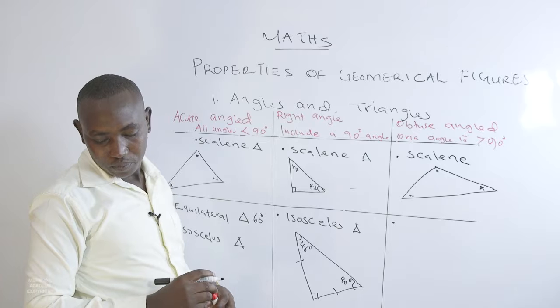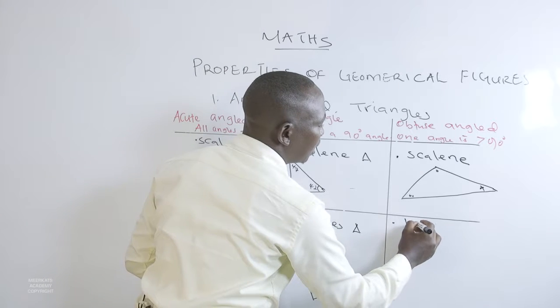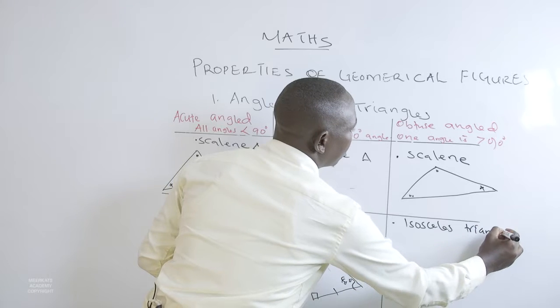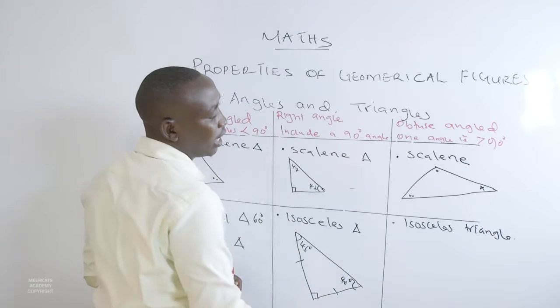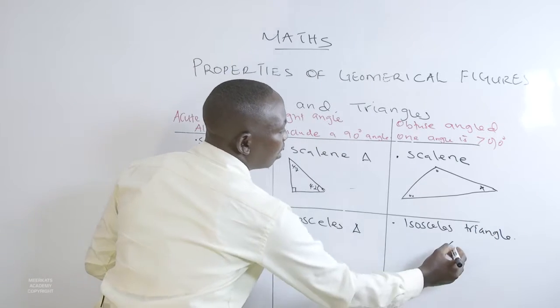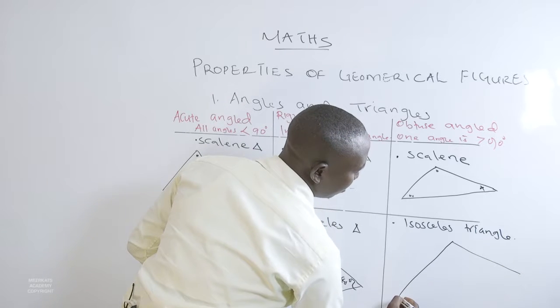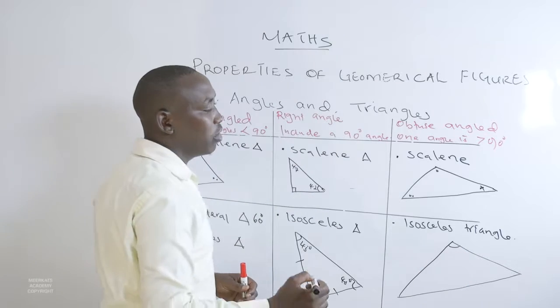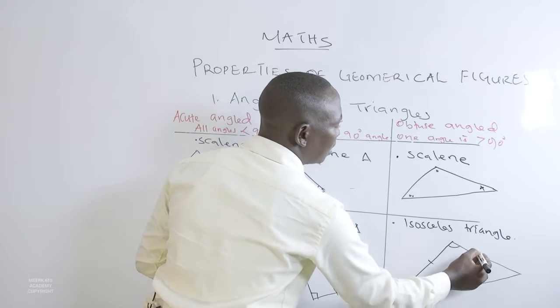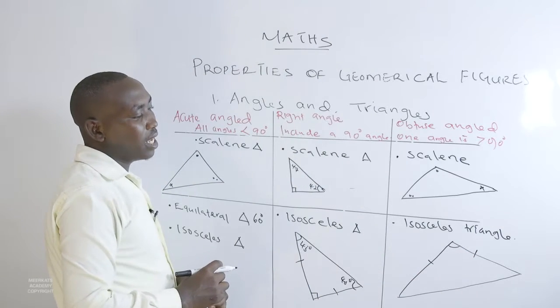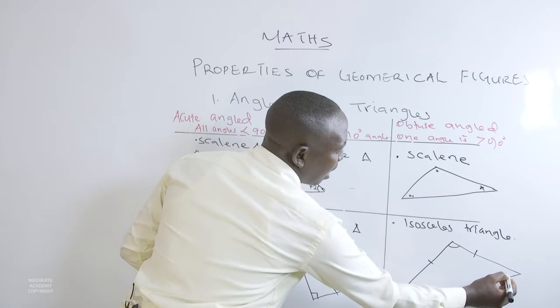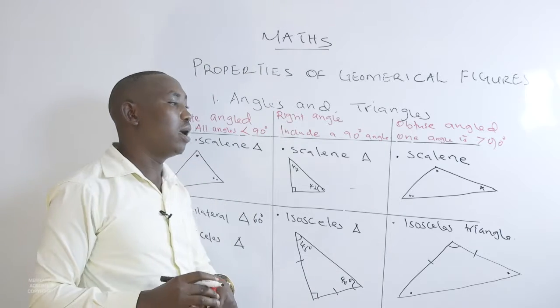Then two, we can have an isosceles triangle, in which case one of the angles is going to be more than 90 degrees. Let's say that is more than 90 degrees, but this and this sides are equal, meaning that the two angles are going to be equal.